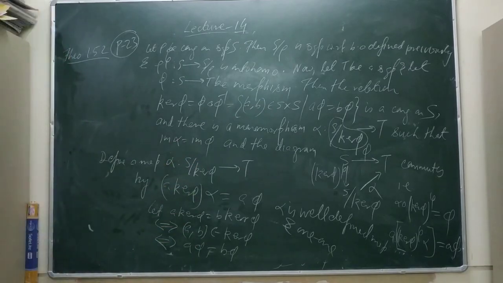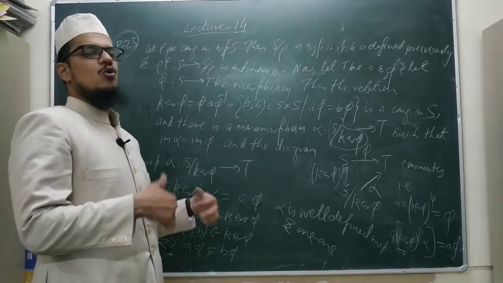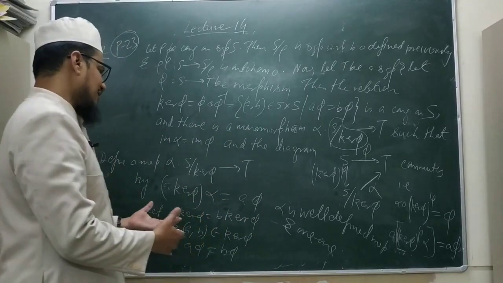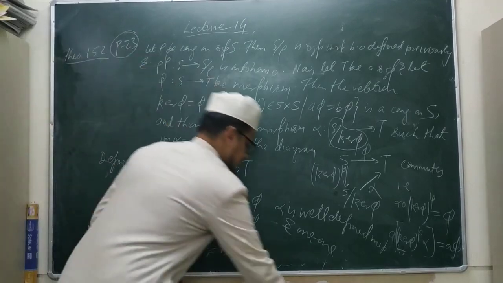It's okay. Now we have to prove that it is a morphism. Morphism in semigroup means homomorphism. So we have to prove it is a homomorphism. To prove it is a homomorphism, we have to take two elements.